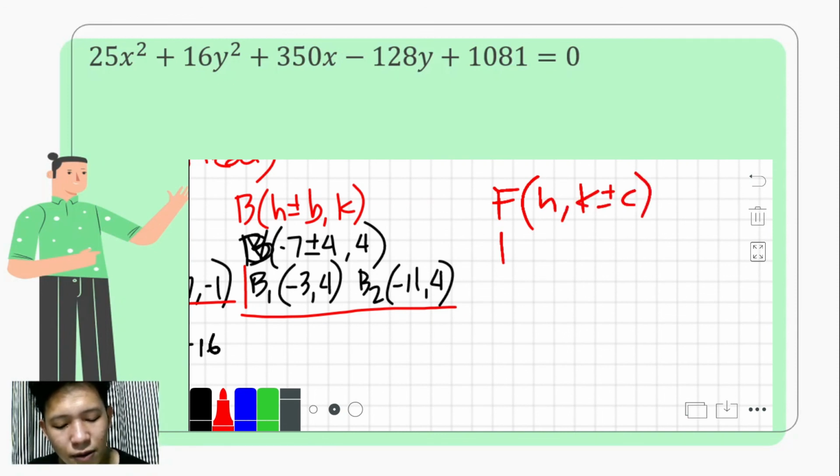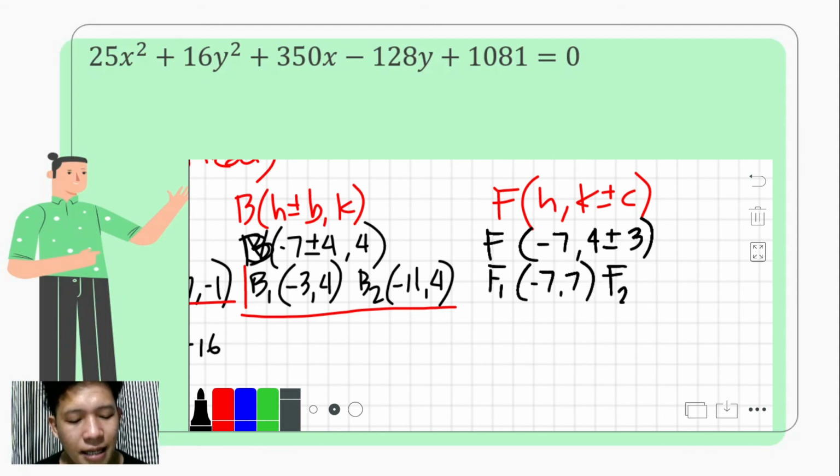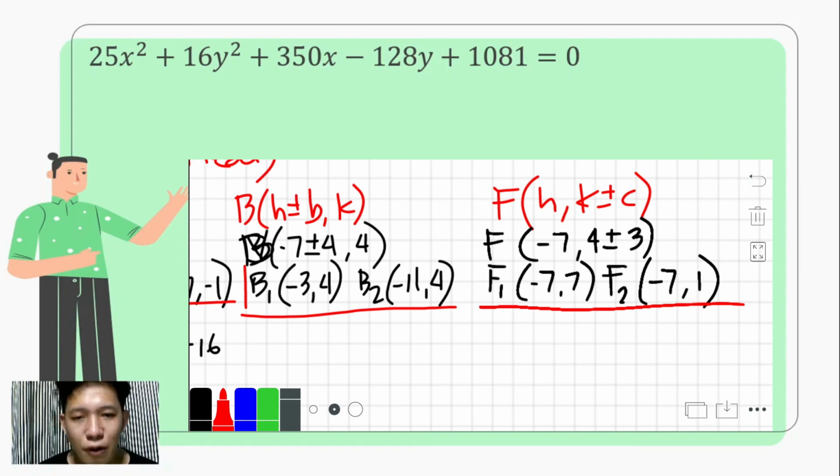So, our foci would be at, h is negative 7, comma 4 plus or minus the value of c, which is 3. And then, we have the coordinates of the first focus at negative 7, comma 4 plus 3, that's 7. And then the second focus would be at negative 7, comma 4 minus 3, that would be 1. Hence, these are the coordinates of our foci.